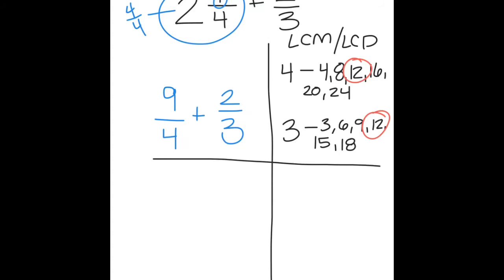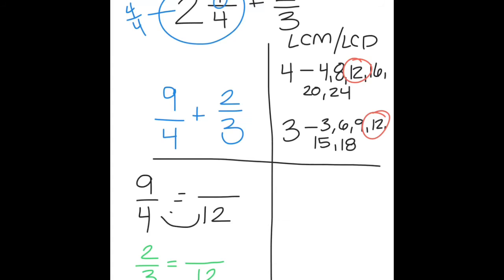Box 3, remember we're creating our new equivalent fractions. 9/4, I need to convert that into 12ths. And 2/3, I also need to convert into 12ths. All right, thinking about how do we get from 4 to 12, I know I'm multiplying by 3.